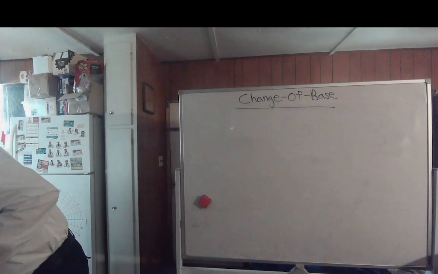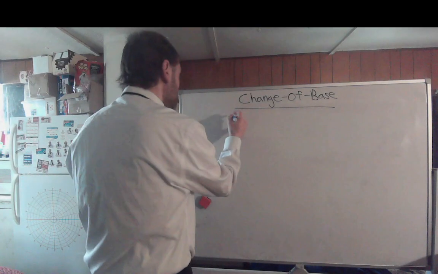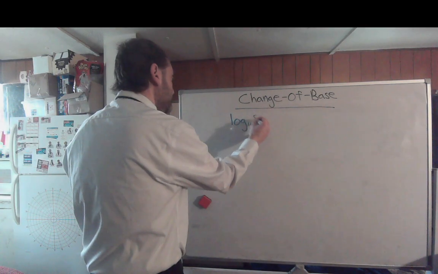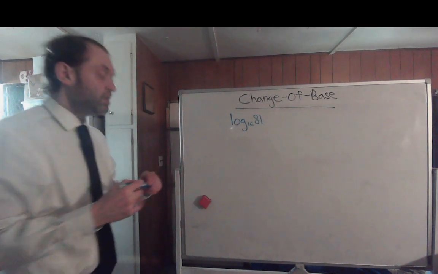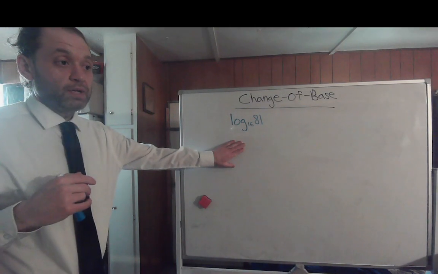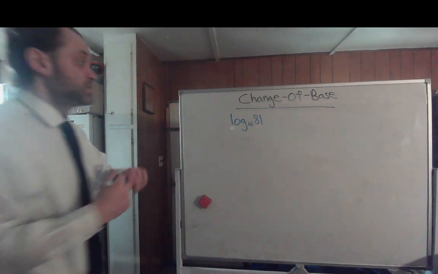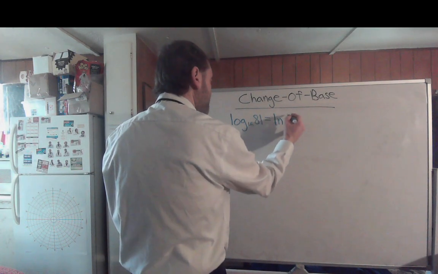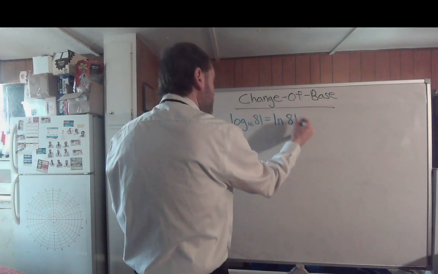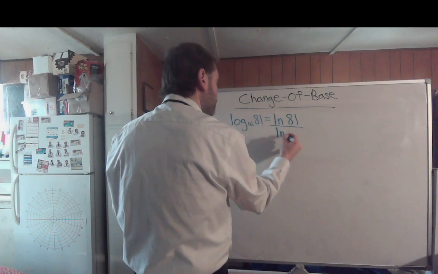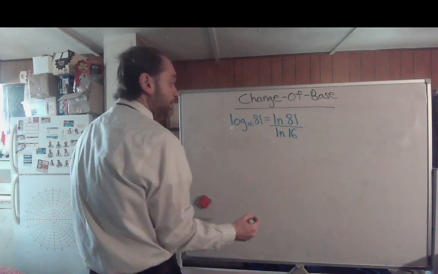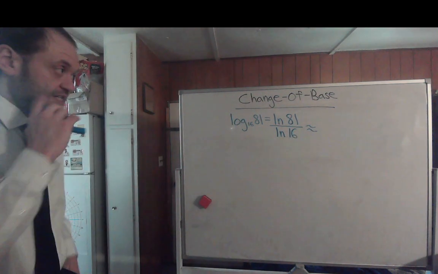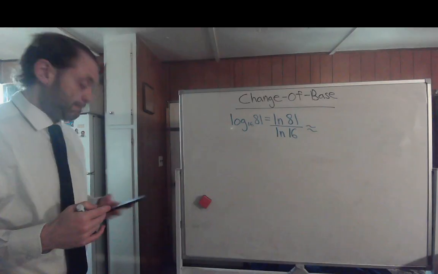Five more. Log base 16 of 81. So we have log base 16 of 81. Okay, so we can make this the natural log of 81 divided by the natural log of 16, which now we should be able to get a 3 decimal place approximation.